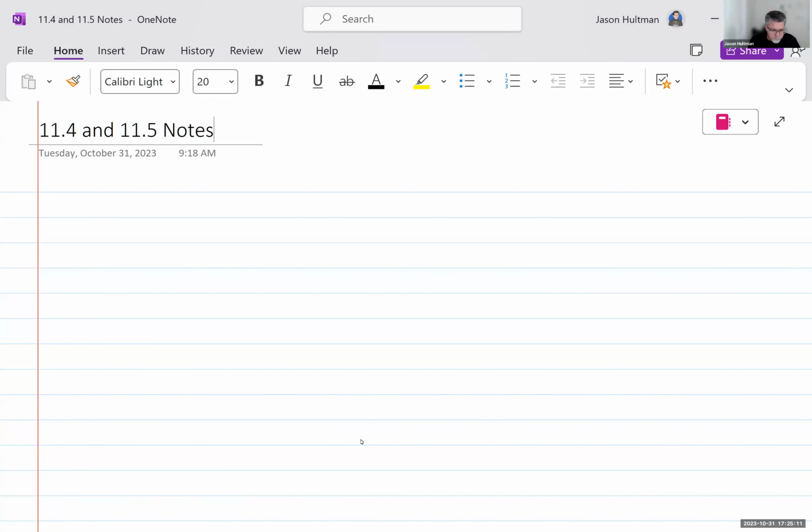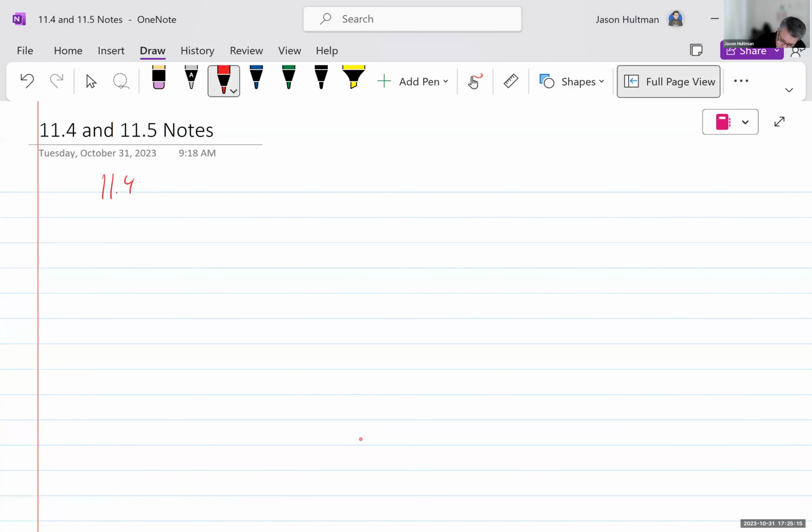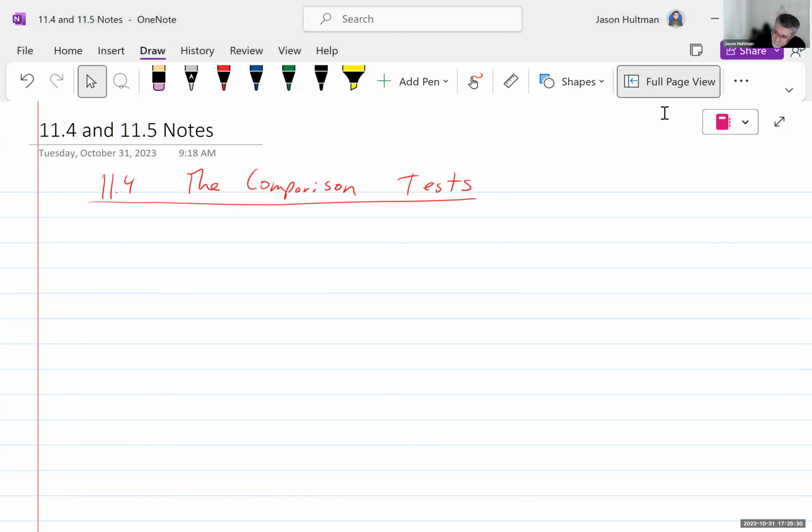Okay, so 11.4 is on the comparison tests. Right? The comparison test.